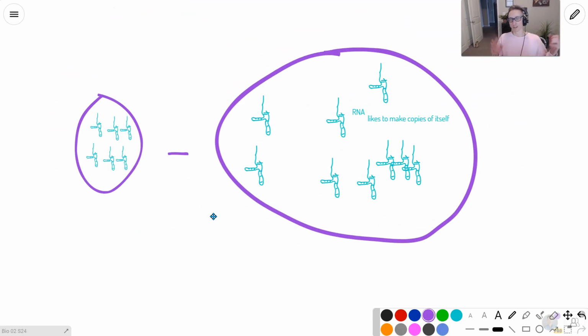In order to make a cell, chemistry kind of starts it all off. All we need is this membrane to form, and then the insides just kind of have to encapsulate a molecule that likes to copy itself. And then from there, you can get continual evolution until you get to the complexity of cells that we have now.